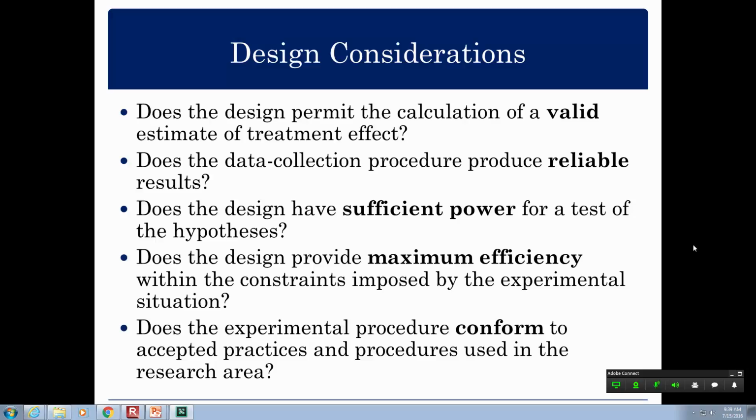And then, of course, you always want to be able to give an apples-to-apples comparison of your findings with findings that have been produced in the past by other researchers in your area. So make sure that you're using accepted practices and procedures used in your research area, especially when they're valid.